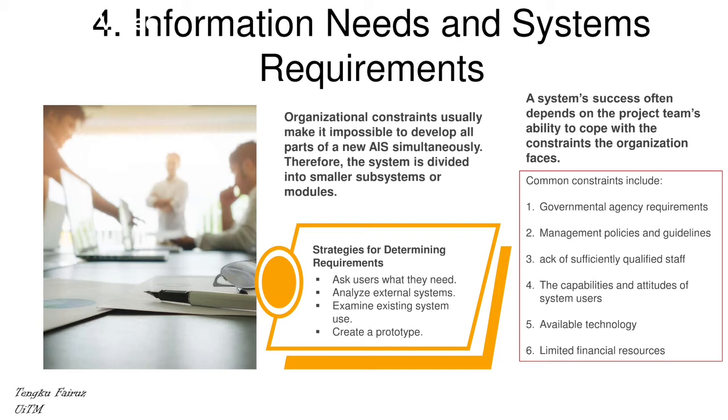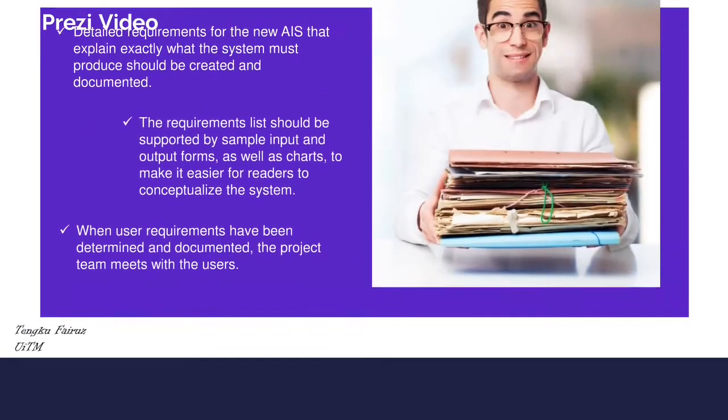Maybe they create a prototype of the output screen, or the input screen, or the documents. From the prototype they can get feedback from the users, and from there determine the users' requirements. Those are the four strategies that they can conduct to determine the requirements.